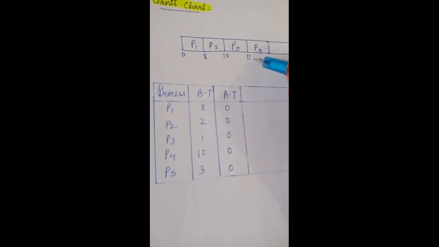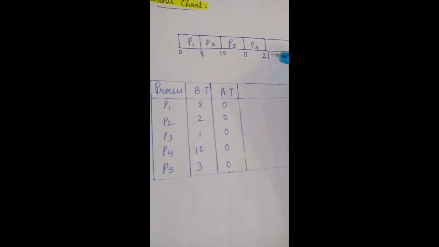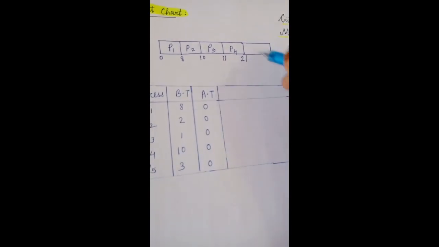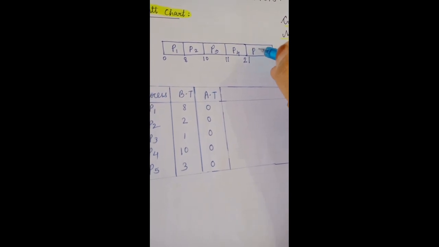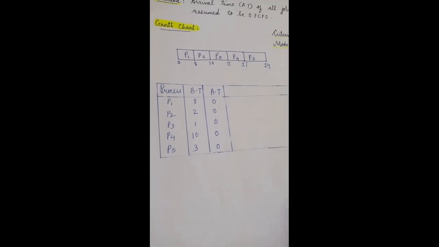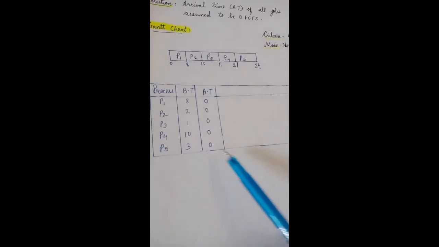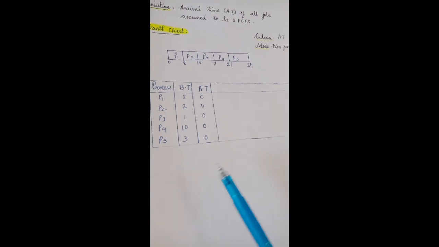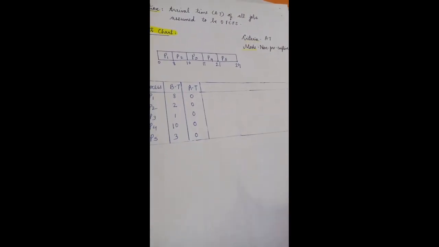So write down P4. 11 plus 10 is 21. And last is process P5 with burst time 3. So write down P5 and after that add 21 plus 3. It is 24. So this will be the chart of FCFS for these 5 processes.